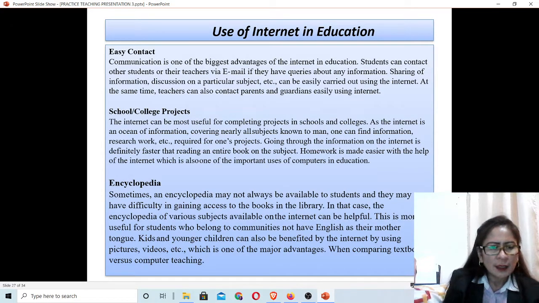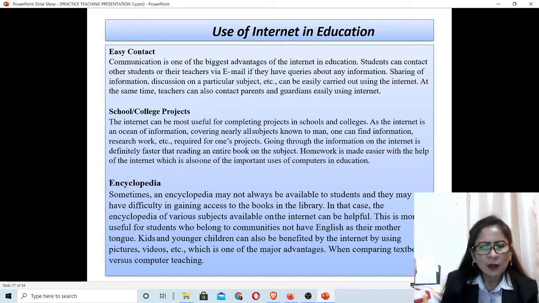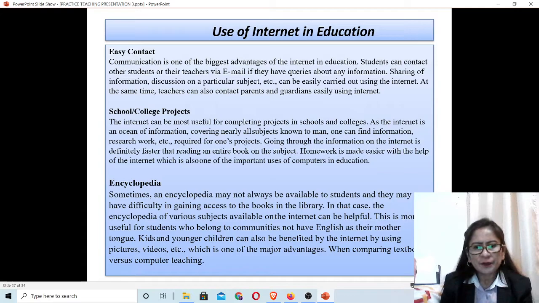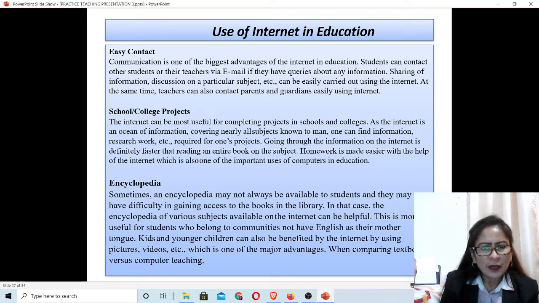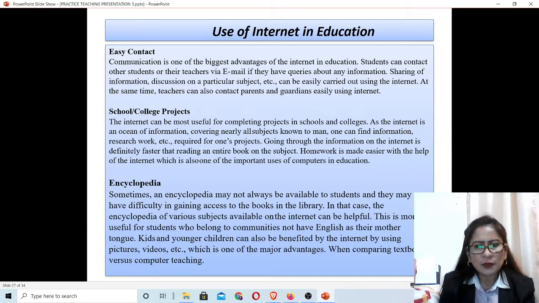Encyclopedia. Sometimes an encyclopedia may not always be available to students and they may have difficulty gaining access to the book in the library. In that case, the encyclopedias of various subjects available on the internet can be helpful.